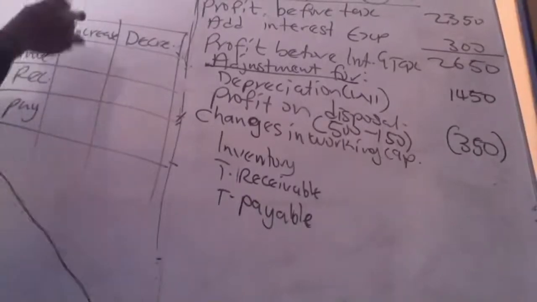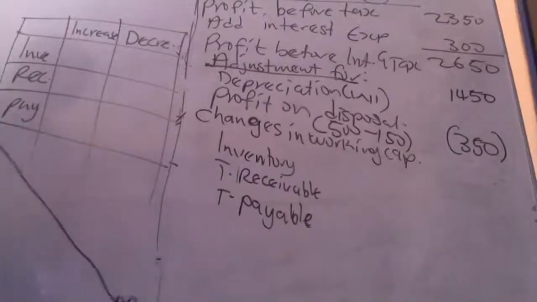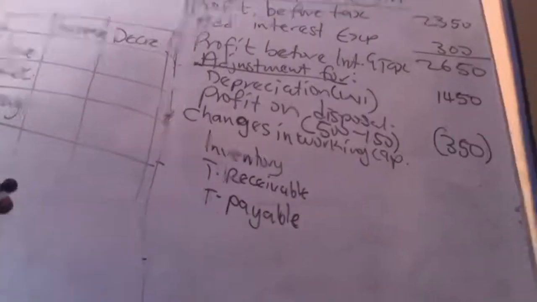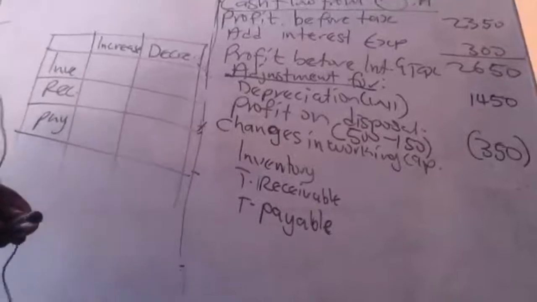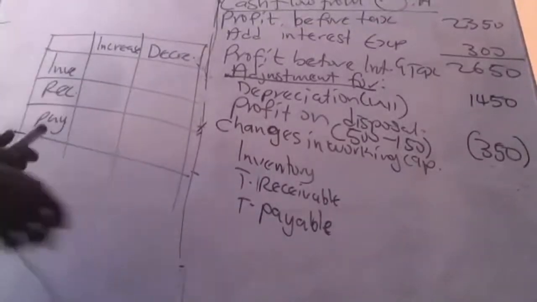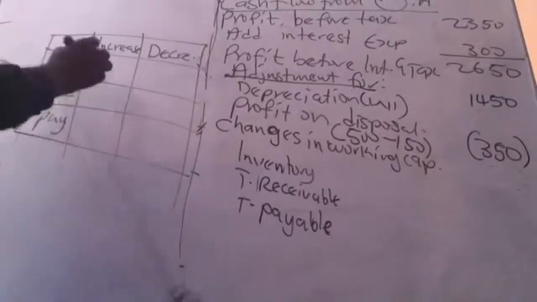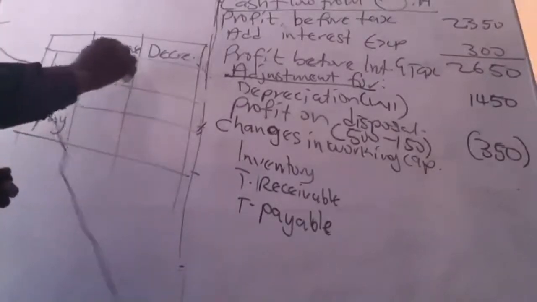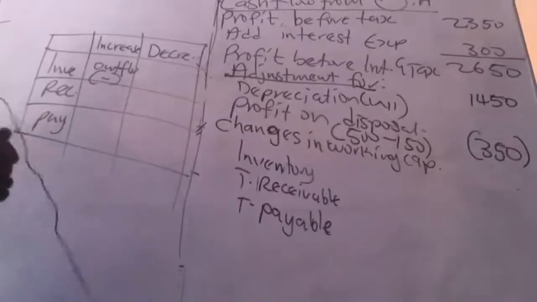So when inventory increases, is it inflow or outflow? That was the question, and that was the table we normally use as a guide. We said that when inventory increases, it means that you've spent money to acquire the goods. So it's an outflow, and outflow means negative.